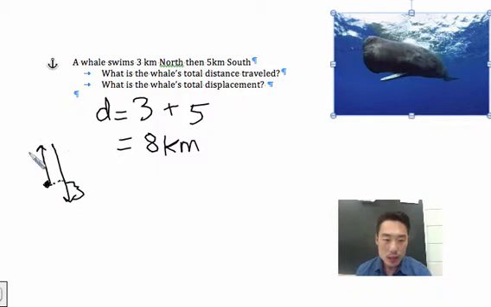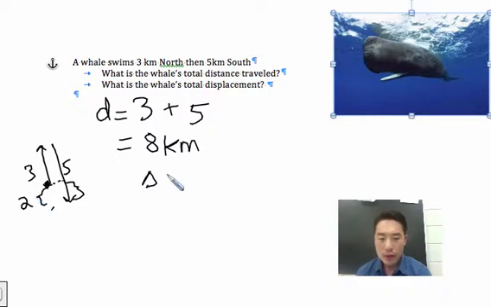Okay, so we can see that this part overlapped, and we know that the definition for displacement is the shortest distance between the start and the end. If this was 3 kilometers and this was 5 kilometers, that must mean that the remaining portion of the travel was 2 kilometers.